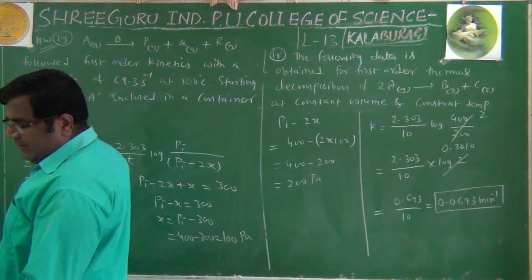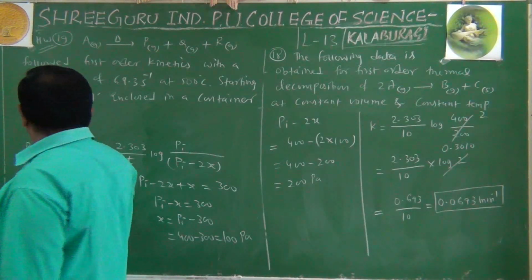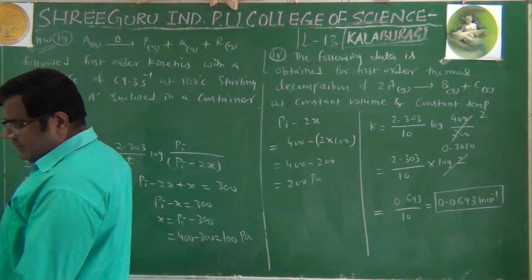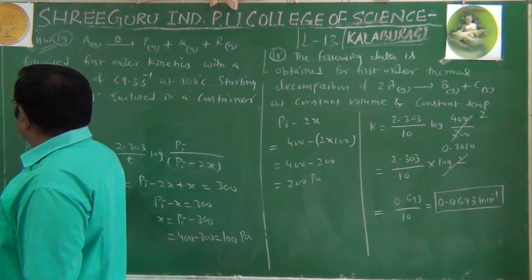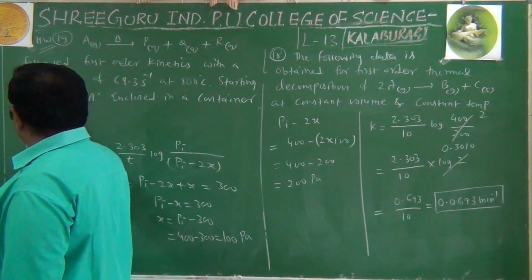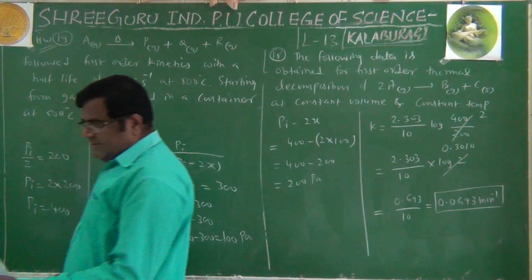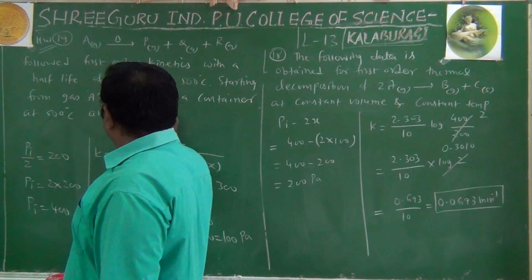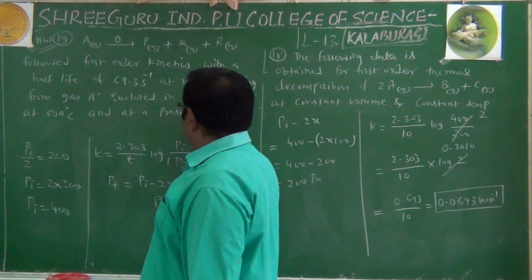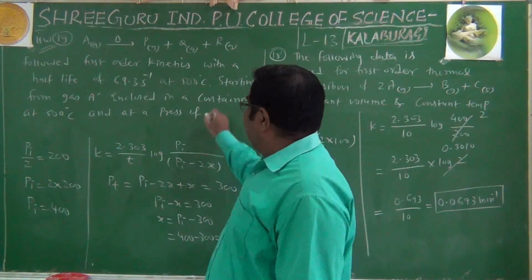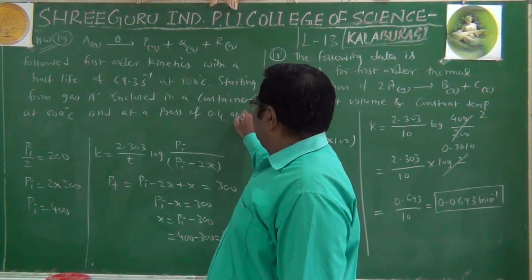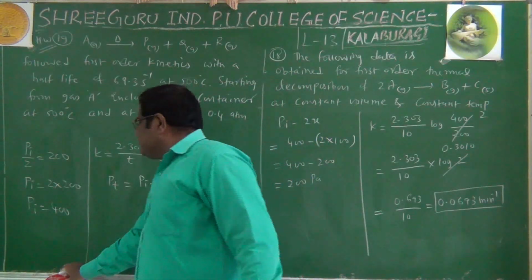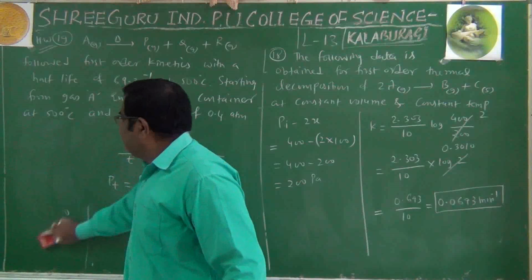at 500 degrees Celsius. Only A is present initially at 500 degrees Celsius, at a pressure of 0.4 atm. Initial pressure means pressure due to A only. They are giving Pi here.